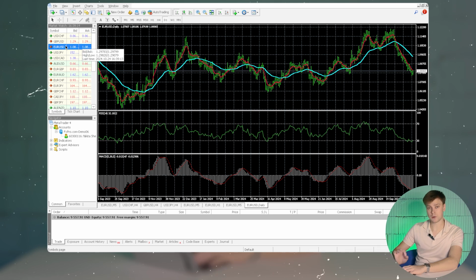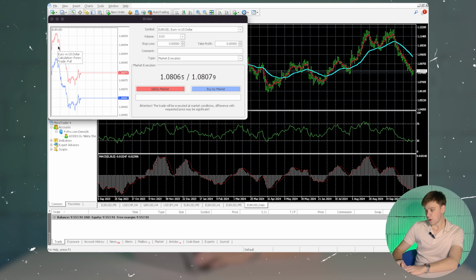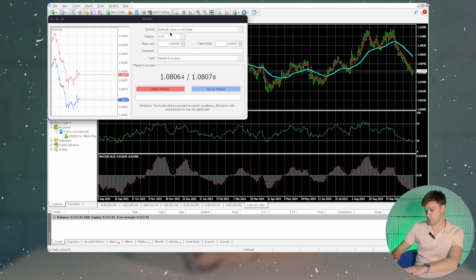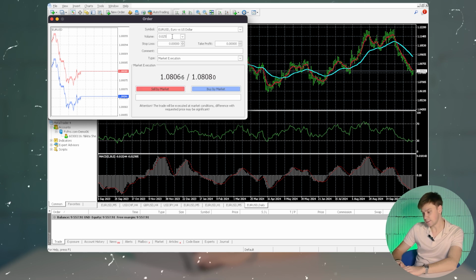Double click on your currency pair on the list on the left. We will select a volume 0.025 as ChatGPT suggested.